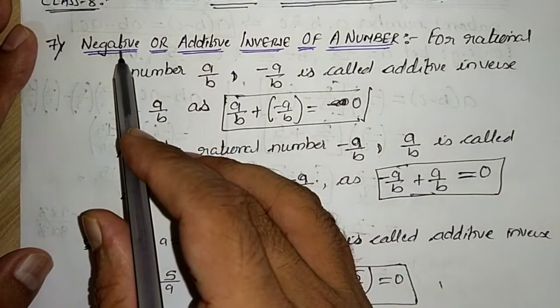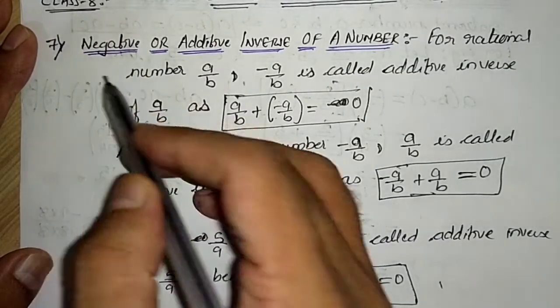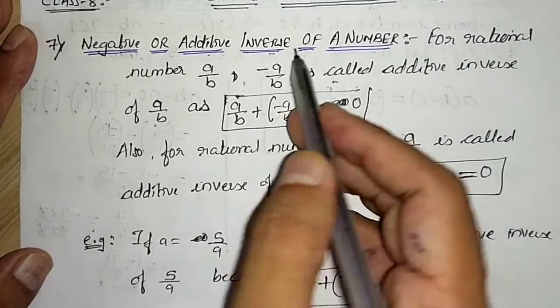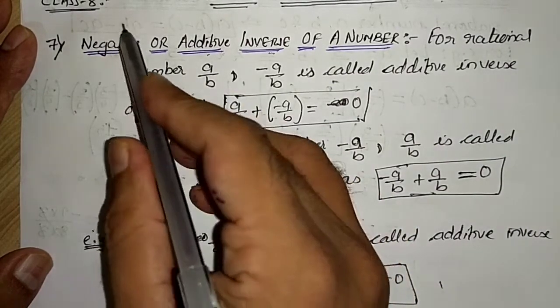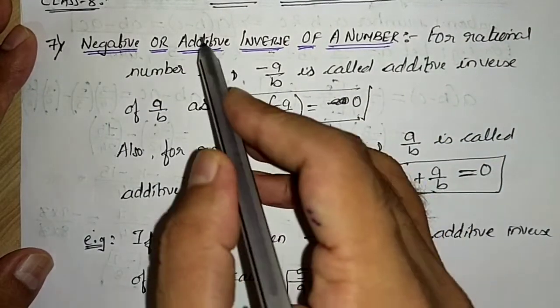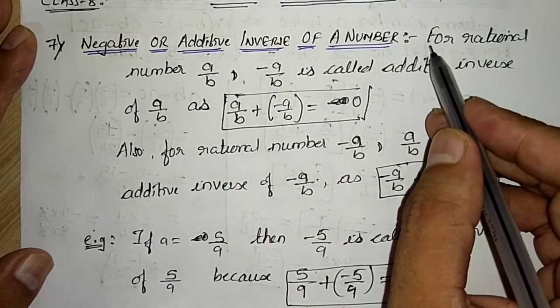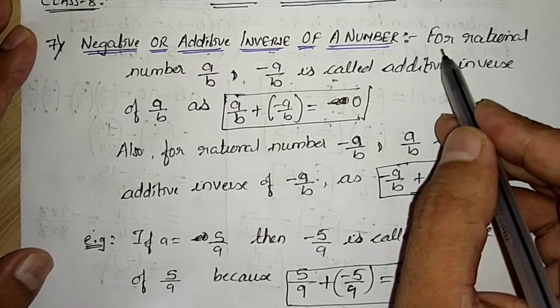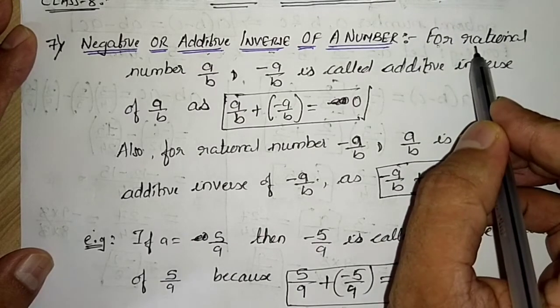The seventh number property is the negative, or you can say the additive inverse, of a number. Either you can say negative of a number or additive inverse of a number. First, let me take the descriptive part, that is for rational numbers.